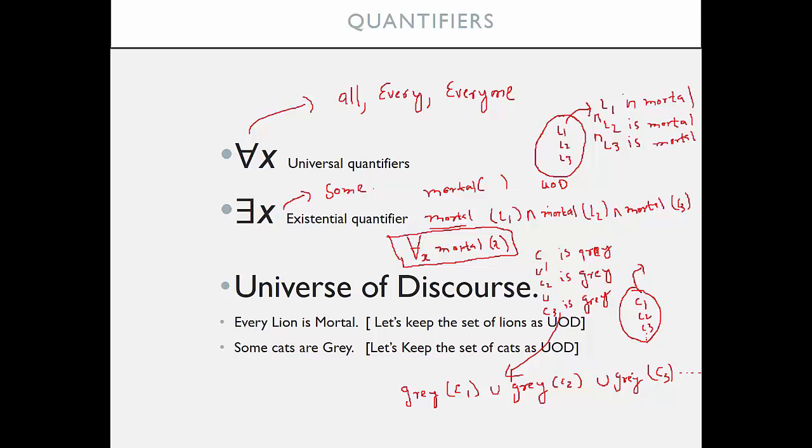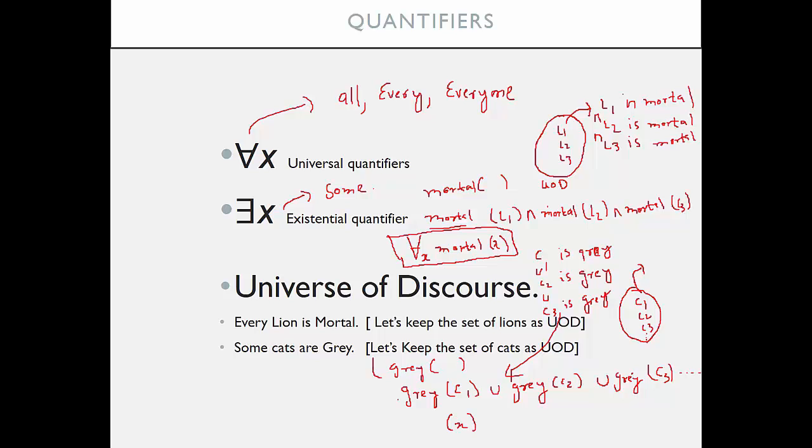Now, when we have that anyone could be gray, at least one or more than one, for that we have this representation which is called, there exists at least one cat which could be gray. So how would we represent that? This C1 would be replaced with X, because C1 is the variable, because this entity, this subject is variable here. They are varying, but gray is remaining constant everywhere.